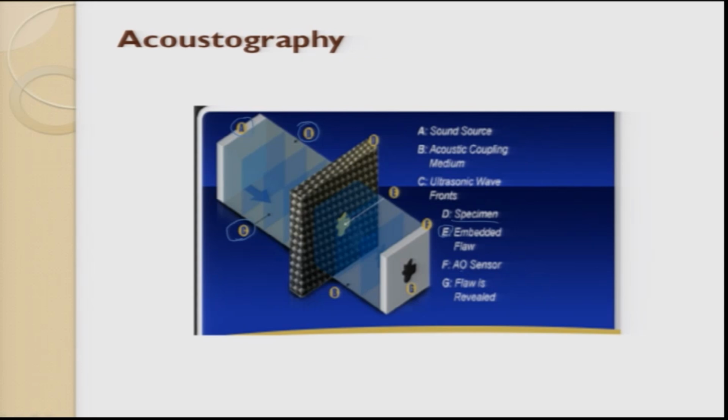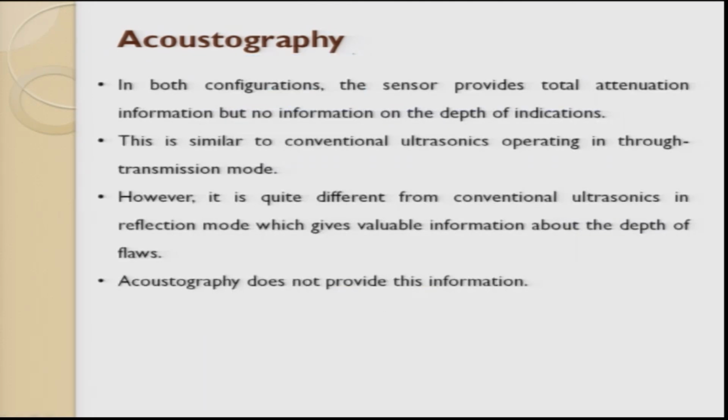And G is the plane on which the flaw is received. So, this is the complete setup of acoustography, an ultrasonic testing method wherein acousto-optical lenses are used to find out the defects.